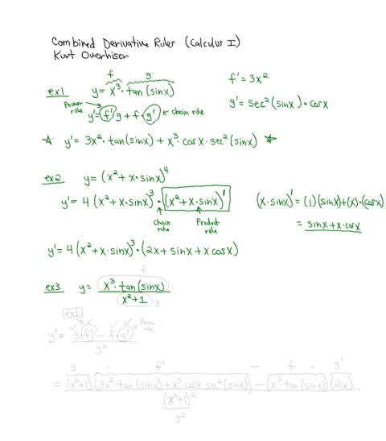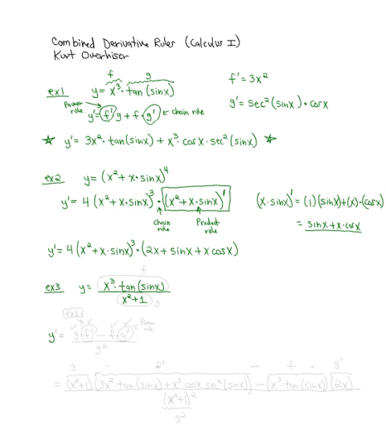That's our answer. And we're going to basically cut and paste that answer when we take the derivative of example 3. So because of the quotient involved in example 3, or the division, we're going to have to use the quotient rule.